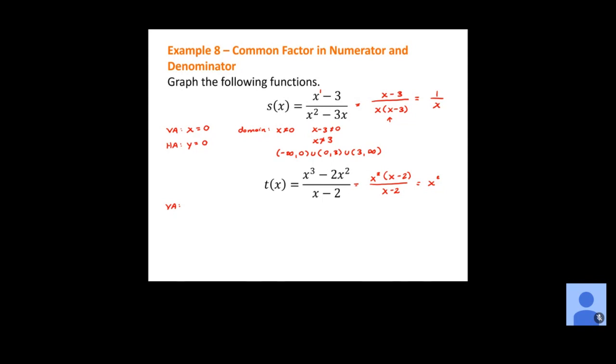So not x equals 2 because the x minus 2 factor canceled out. There is no denominator in our final answer this time. So we would say in this case that there are no vertical asymptotes. So if all of your factors cancel out and you're not left with a denominator at all, then there aren't going to be any vertical asymptotes anymore.